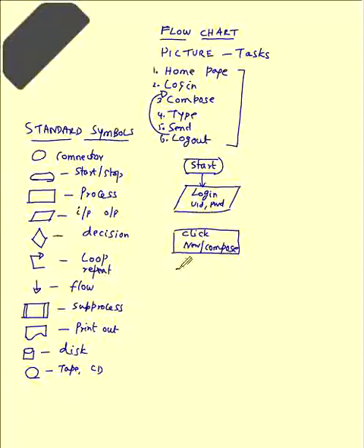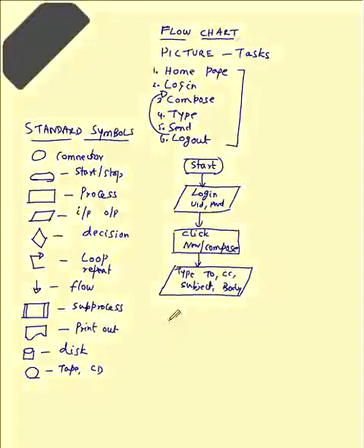Then type to, CC, subject, body. This is a keyboard input, so I am using the parallelogram. Always draw this arrow. Then once you enter all these things, click send. This is a rectangle.